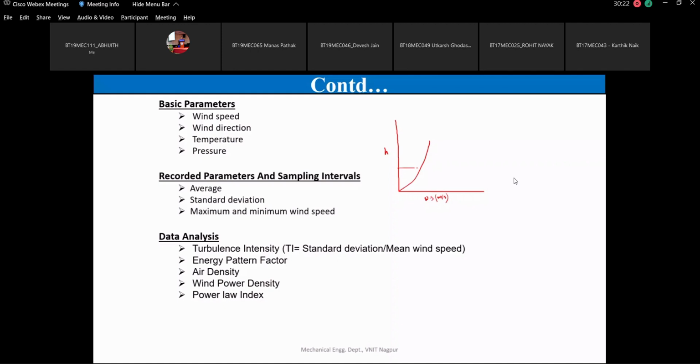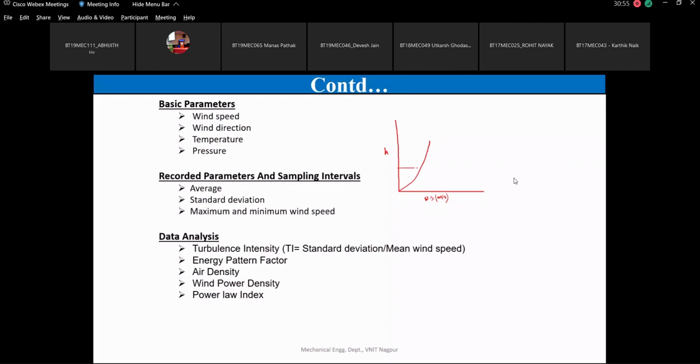It is known as the mean wind speed at the average head level. So these parameters we must know. Later on, we'll describe them in detail, like turbulent intensity, wind shear, or power law index.